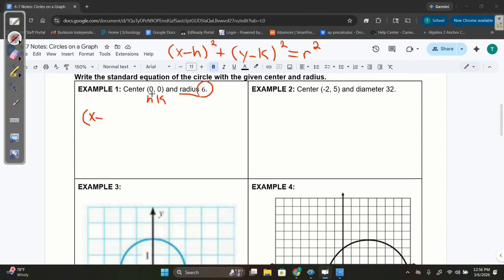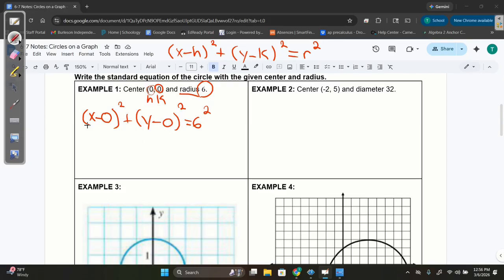(x minus my h value, which is 0) squared plus (y minus my k value, which is 0) squared equals the radius of 6 squared. Now, just like we discussed above, this minus 0 and this minus 0 is extra.